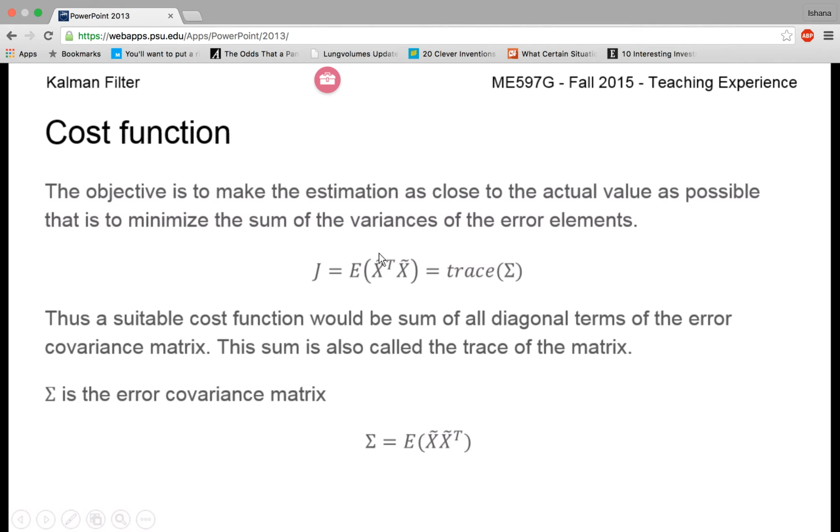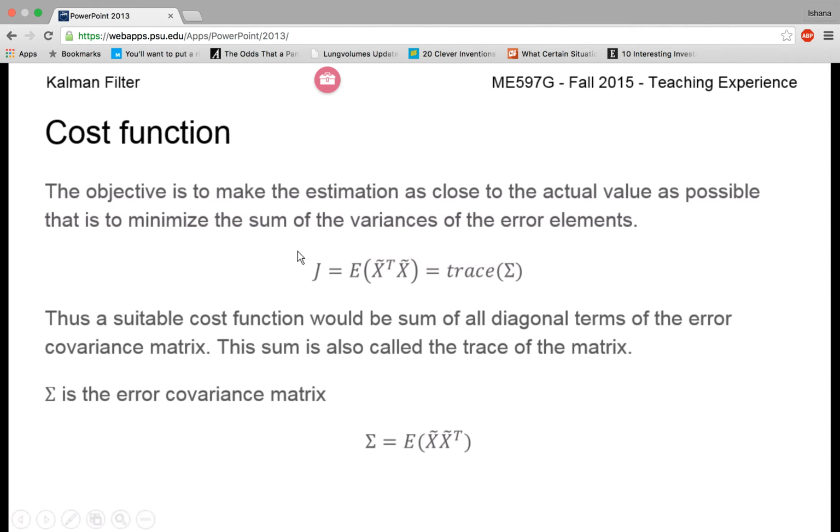So our cost function can essentially be defined as the sum of all variances of the error elements. So that's basically the variation of each term in the x tilde vector. So J, which is our cost function, equals sigma square of x tilde 1 plus sigma square of x tilde 2 plus sigma square of x tilde 3, and so on till sigma square of x tilde n.